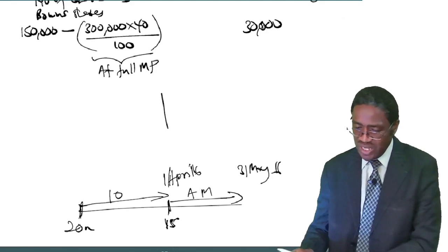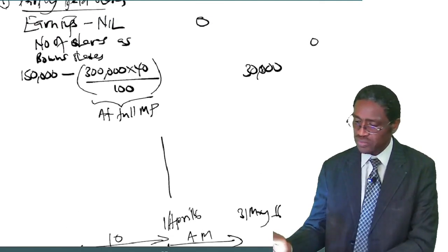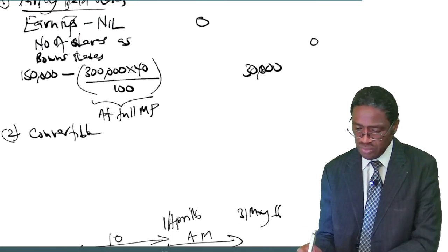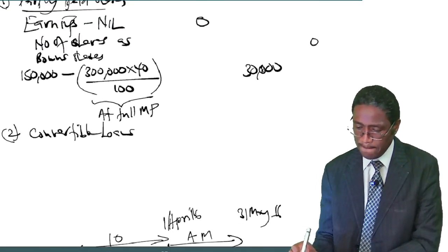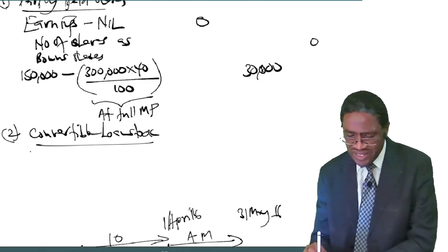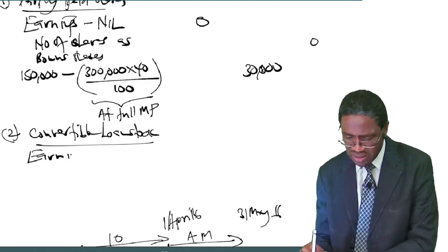So we are now saying the second potential ordinary share is what we are calling convertible loan stock. Then again, we ask ourselves, what effect does that have on the earnings?